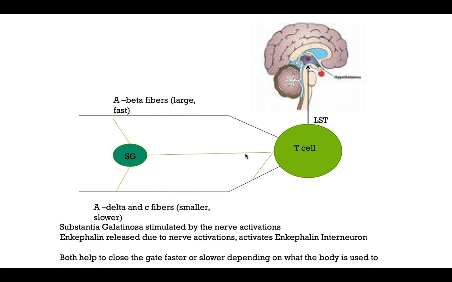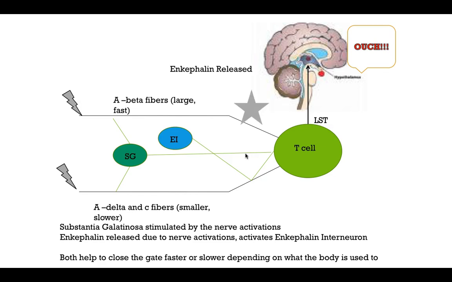It's more efficient. Same thing with the enkephalin interneuron. So again, we stimulate, we feel pain, enkephalin gets released, that closes the gate faster again, and we get more effect. Okay, so all of that information keeps coming into those two gateway and feedback mechanisms, and they can facilitate or inhibit the gate.